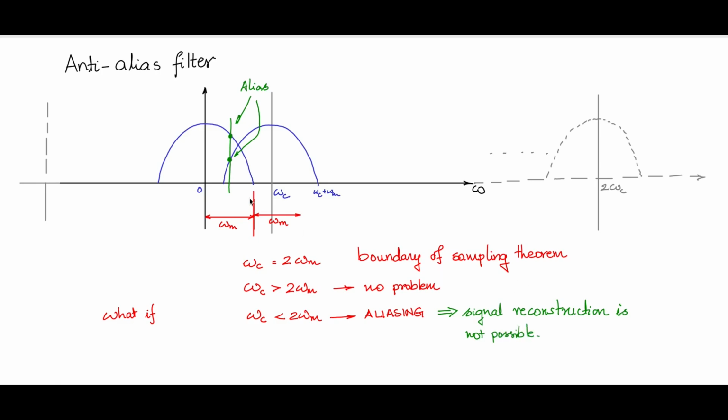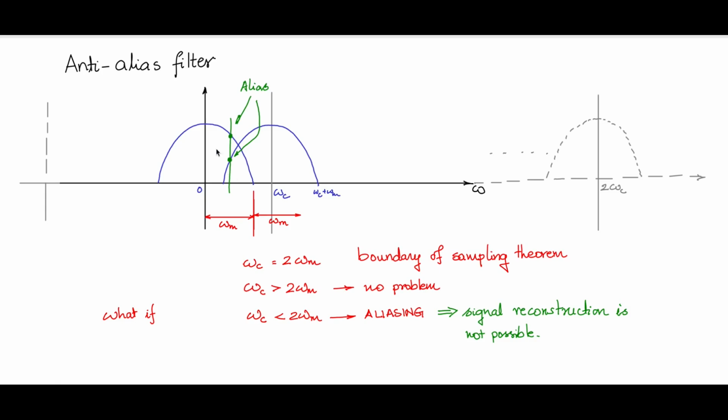So it is important that the modulating signal is band limited to less than omega c by 2, where omega c is the sampling frequency. All the band limit should happen within that.